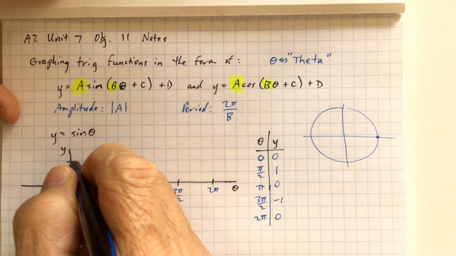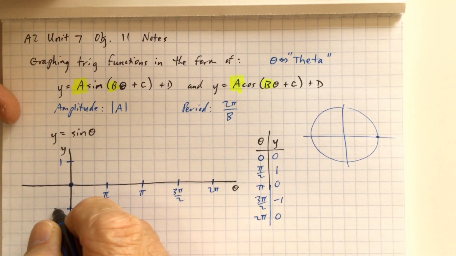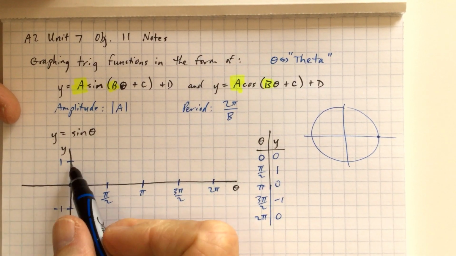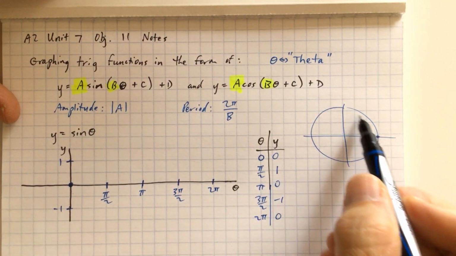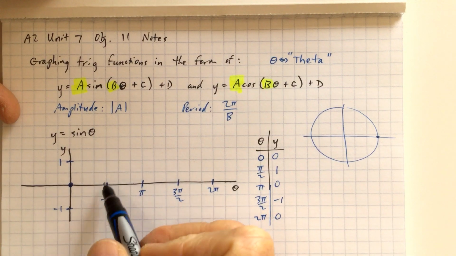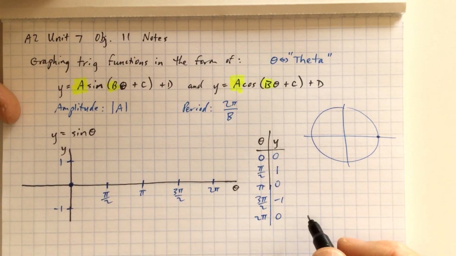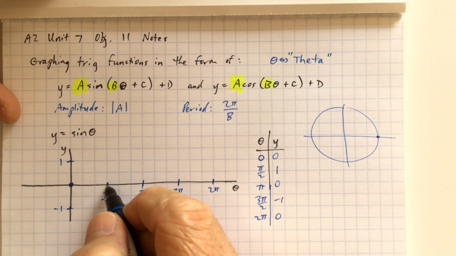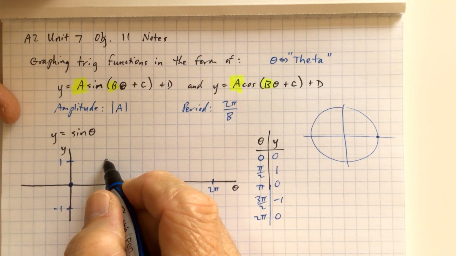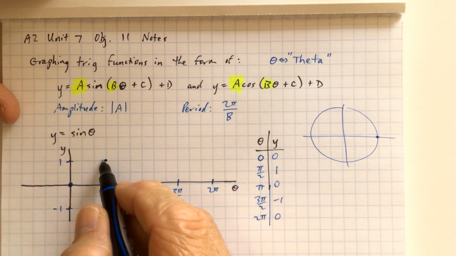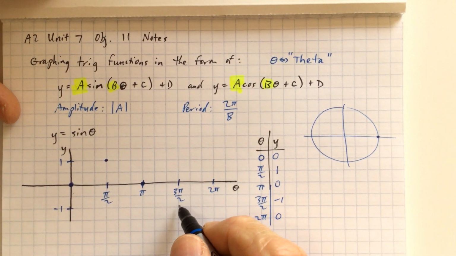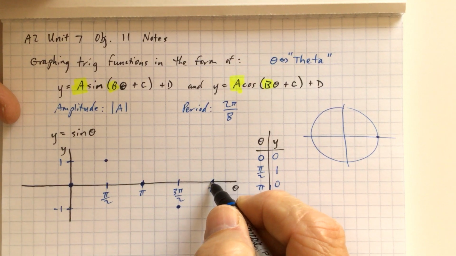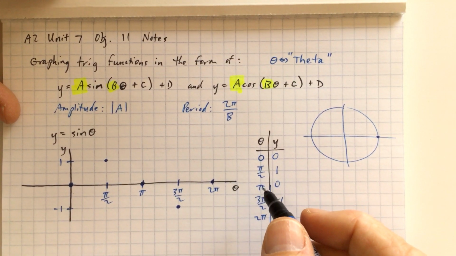If we label the vertical axis with 1 and negative 1, we can see, and we should know, that the sine can only get as big as 1 or as low as negative 1. So when theta is pi over 2, the value of the function is 1. When theta is pi, the value is 0. At 3 pi over 2, the value is negative 1. And then we're back here at 2 pi.